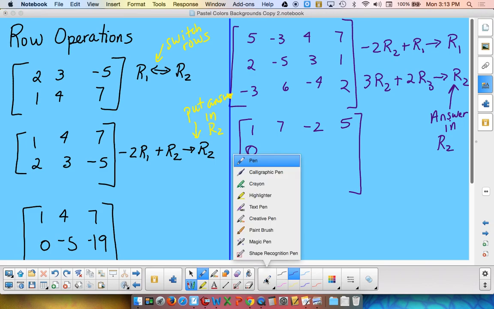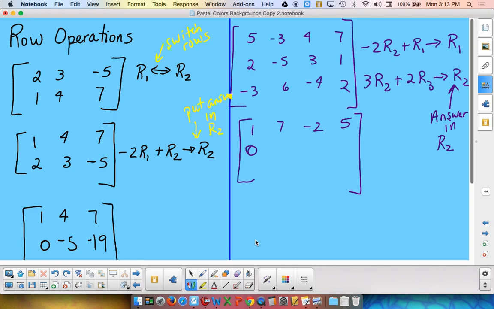So here we go again. It says take 3 times row 2 plus 2 times row 3. 6 plus -6 gives us 0.